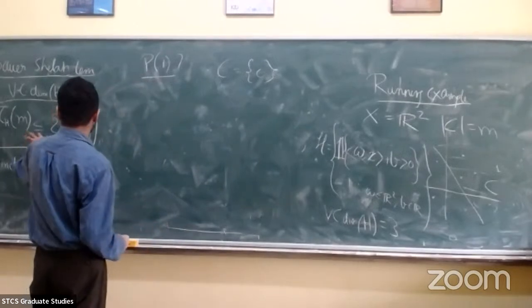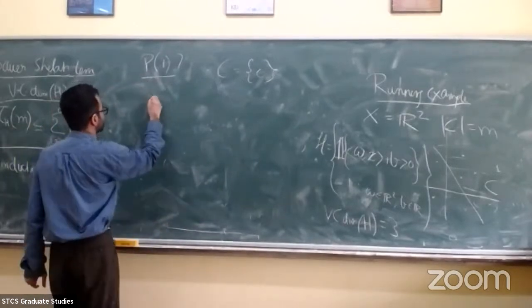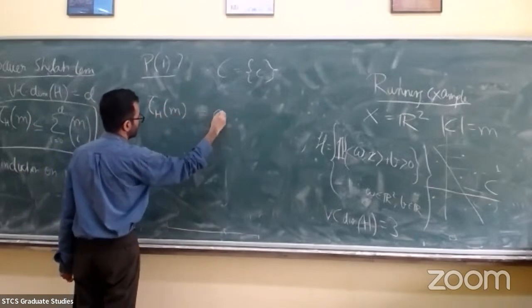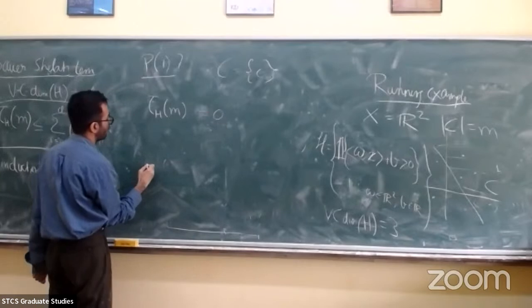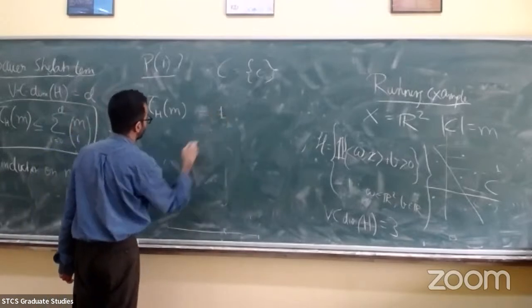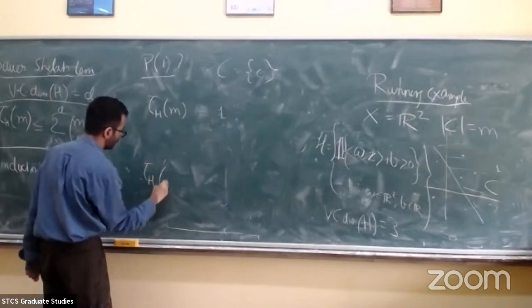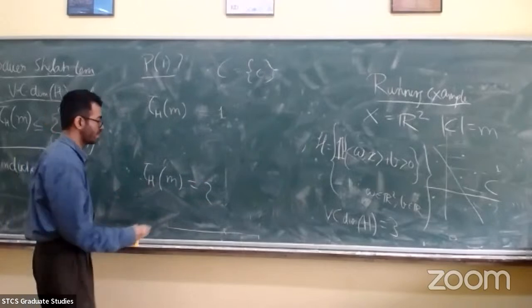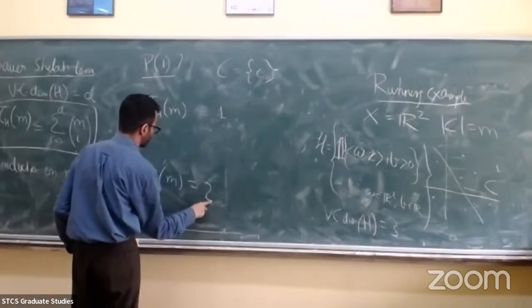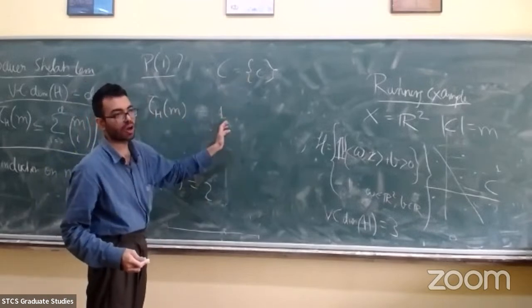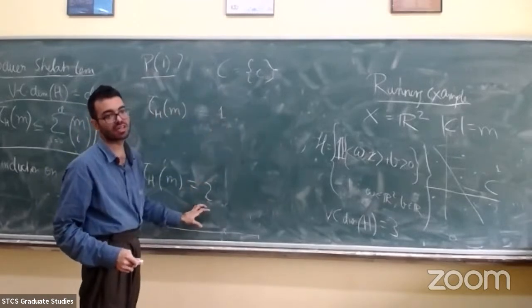Tau H of m is either 1 or it's 2, because either you can get just one label on C, or you can get both labels on C.